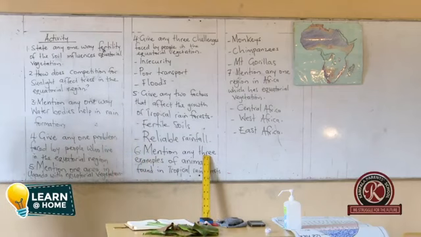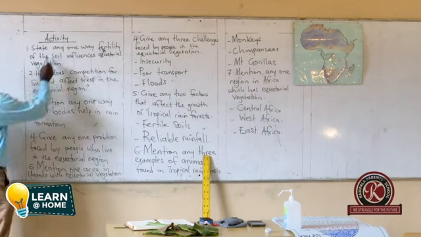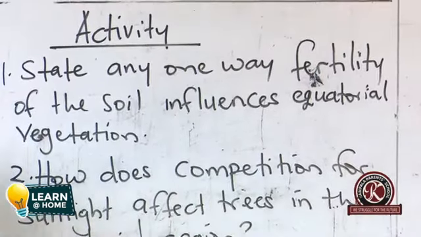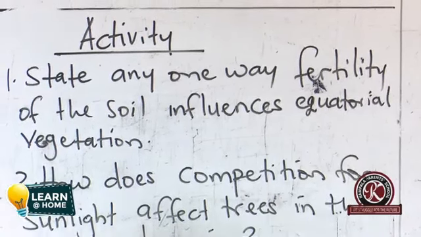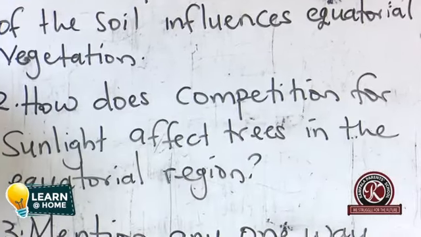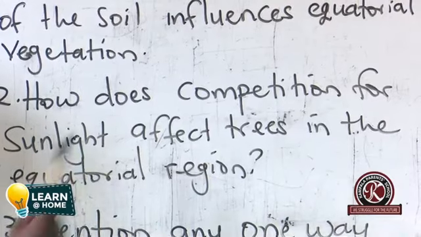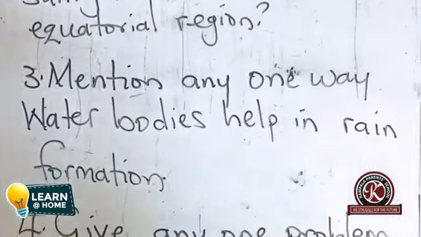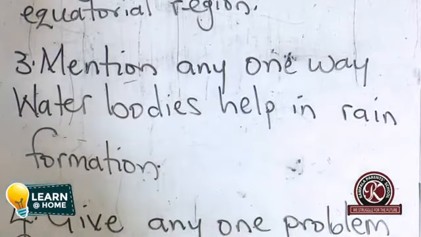So let us read through our work. State any one way fertility of the soil influences equatorial vegetation. That's number one. Number two, how does competition for sunlight affect trees in equatorial region? Number three, mention any one way water bodies help in rain formation.